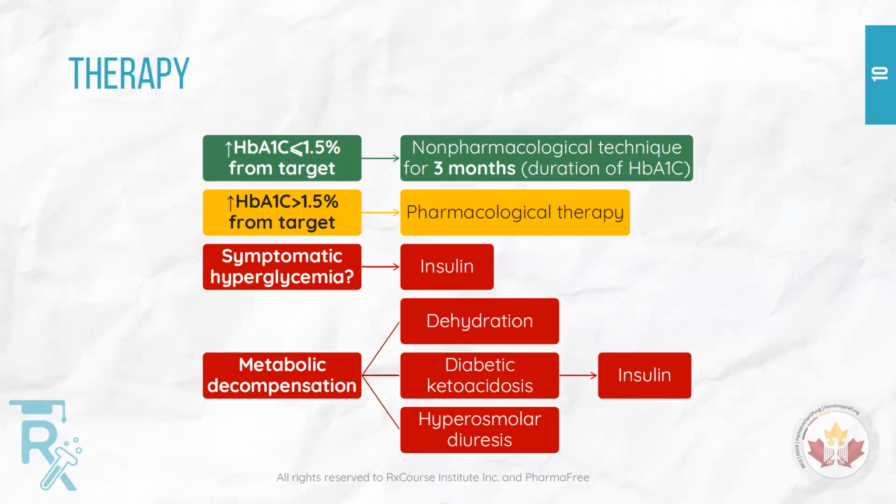Let's say, for example, the patient's HbA1c is 7.5. I don't need to start therapy right away. I can ask the patient to start the non-pharmacological measures like exercise, like some amendment to diet. And after 3 months, I will reassess the patient.